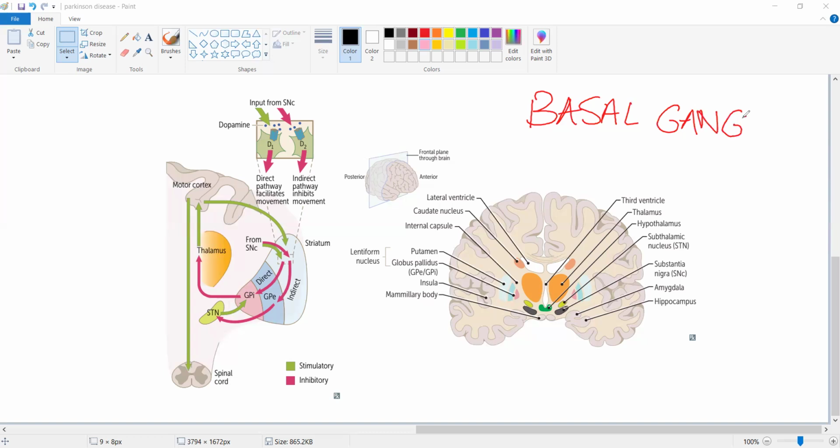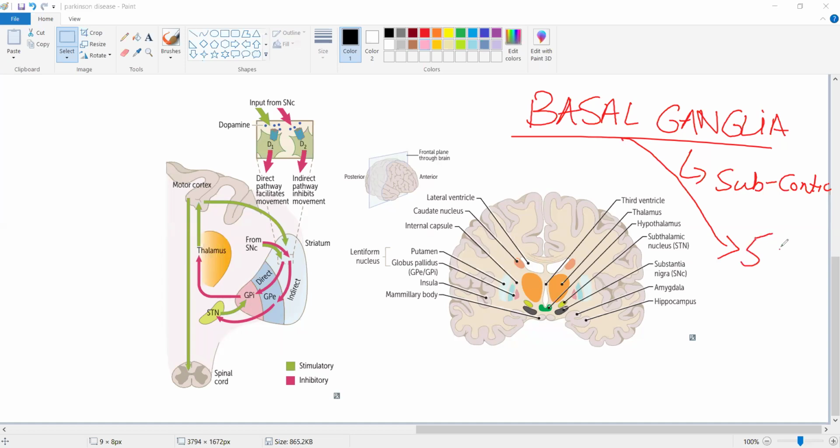So basal ganglia is basically subcortical structures that are located deeply within the white matter of the brain. Typically, basal ganglia is five pairs of nuclei.